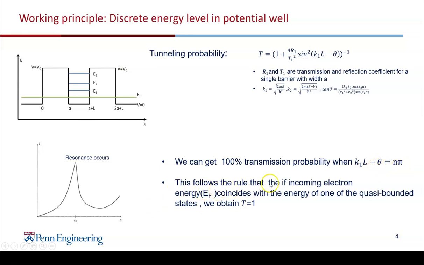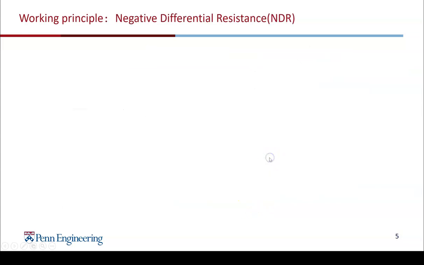This follows the rule that if the incoming electron energy, here EF, meets the discrete energy levels, resonance occurs. The current will reach its peak, and the tunneling probability will become 1. Another important characteristic is negative differential resistance. We will call it NDR.